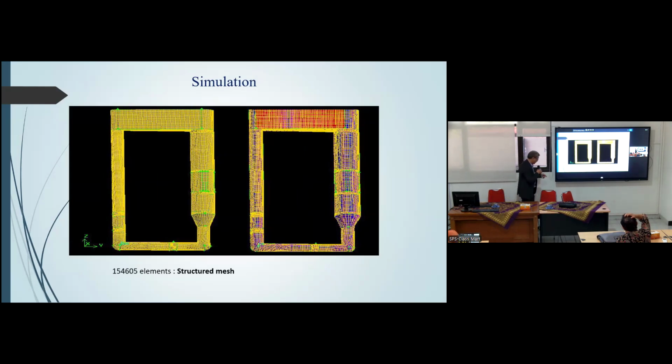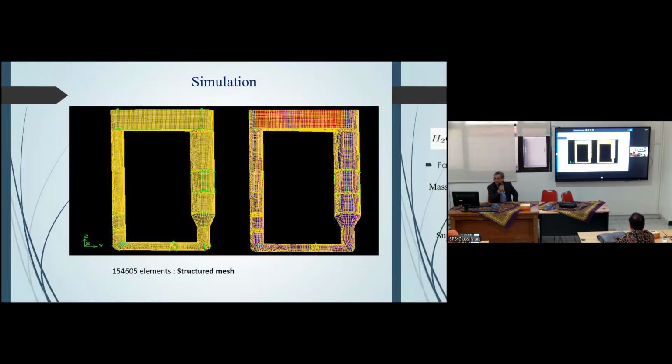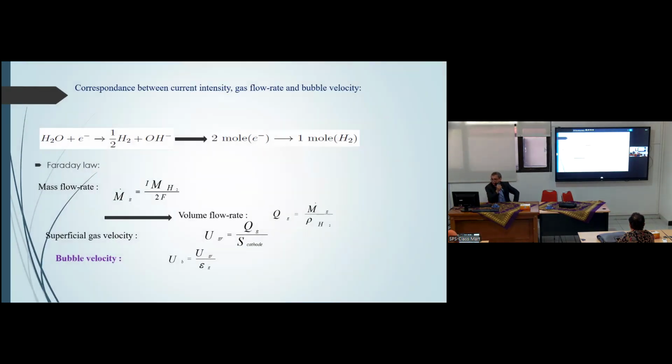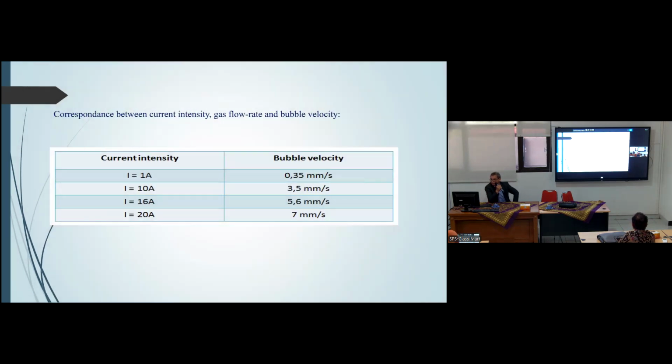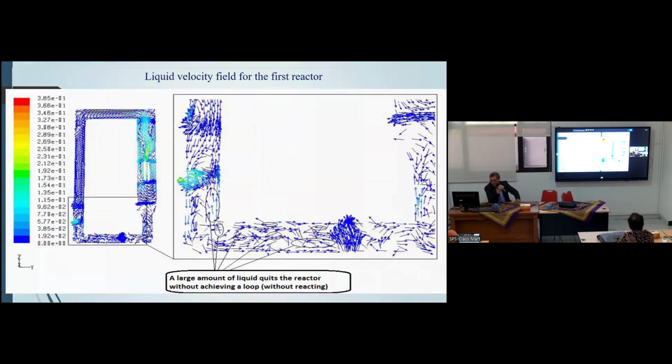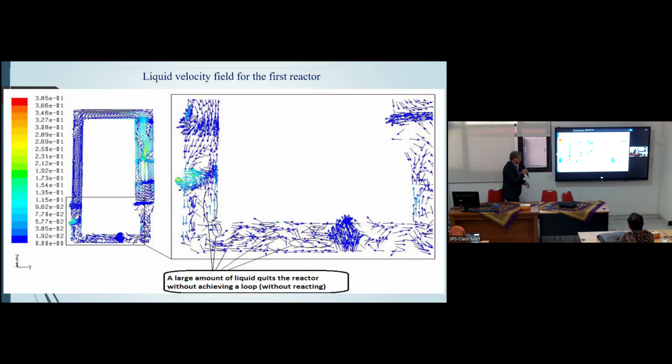My reactor in batch was simulated. Also, we have this simulation, and we have some results. How the flow works. This is the electrodes. This is the simulation of the hydrogen and how it works.